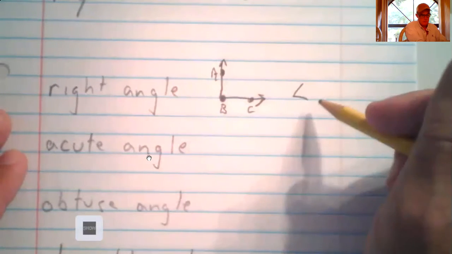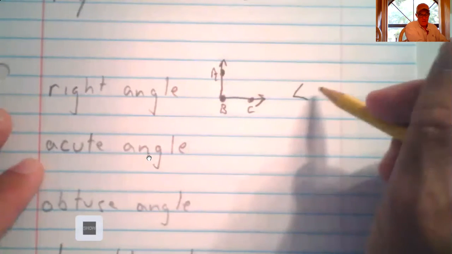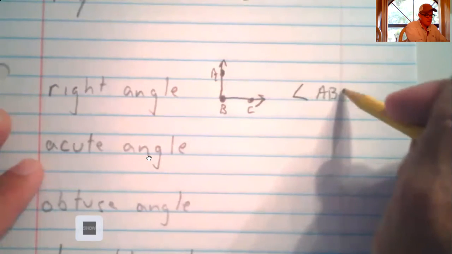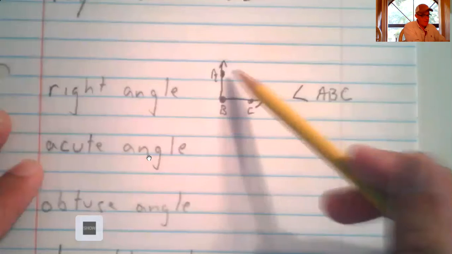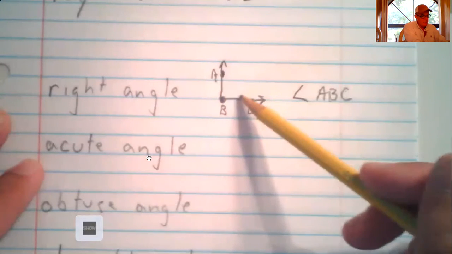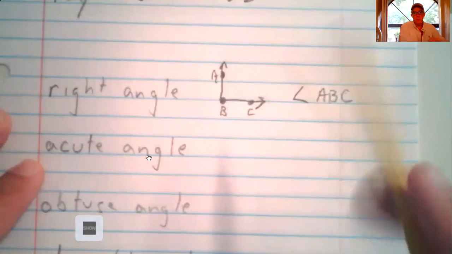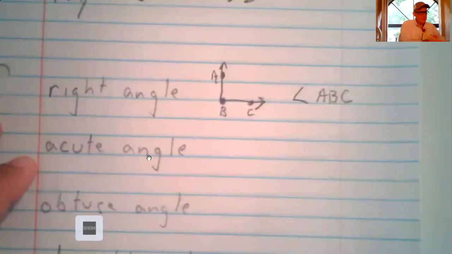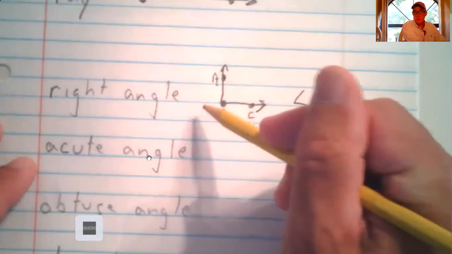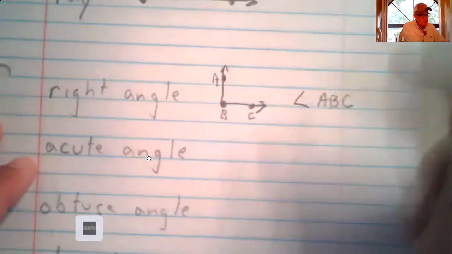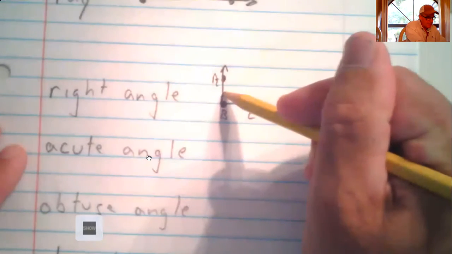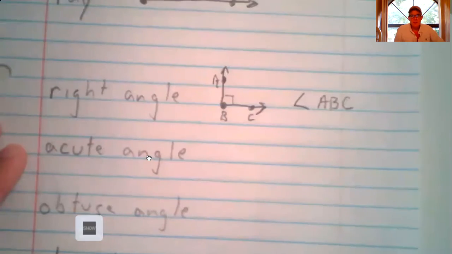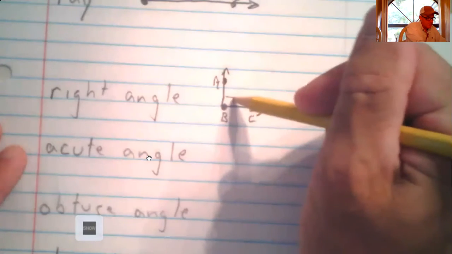So this is called angle ABC. That's just the symbol for angle. You follow A, and what does it do at B? It forms a right angle. It forms the letter L. Now, it could also go this way, a reverse L or an upside down L, but the bottom line makes a square right there.